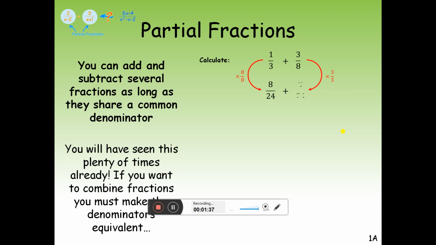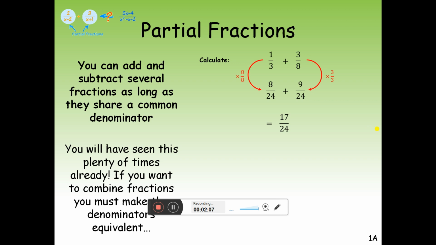After multiplying, we get 8 by 24 and 9 by 24. Now these two fractions can be added very easily because the denominator is the same. So 8 plus 9 will become 17 by 24. This is the normal method which you have studied to add two fractions.